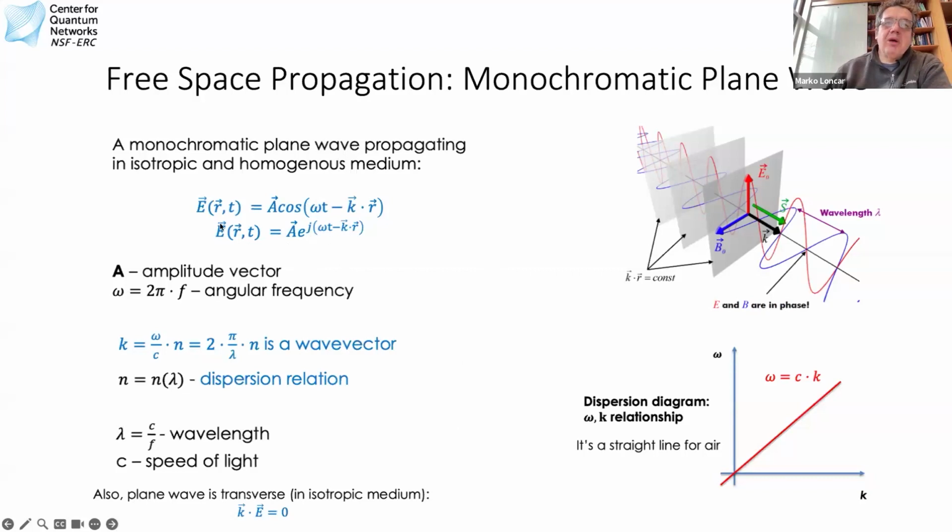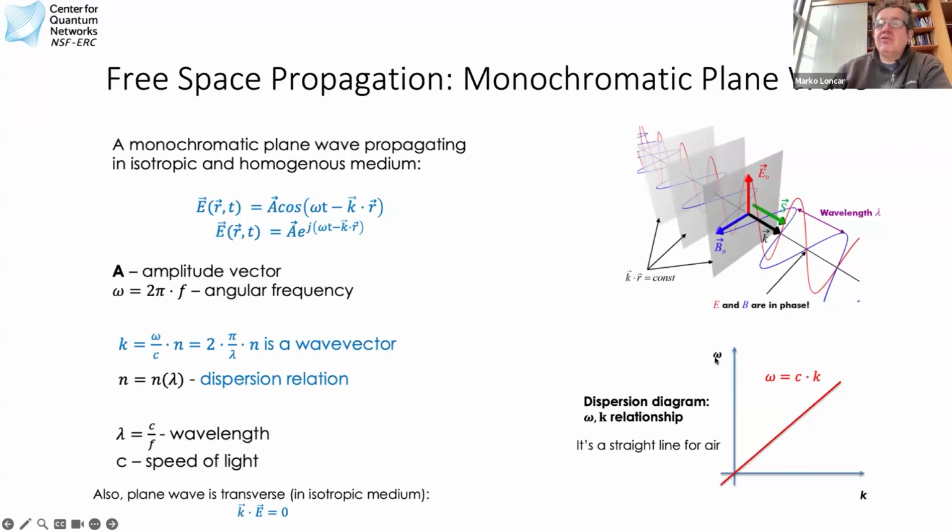And so this is the way of propagating in free space, and something that we in photonics talk about a lot as an intuitive way to understand how light propagates is so-called dispersion diagrams. A dispersion diagram shows the dependence of the frequency of light on its wave vector.